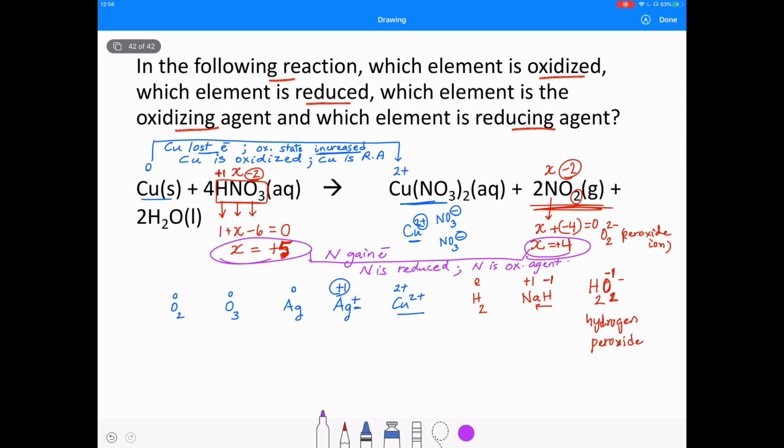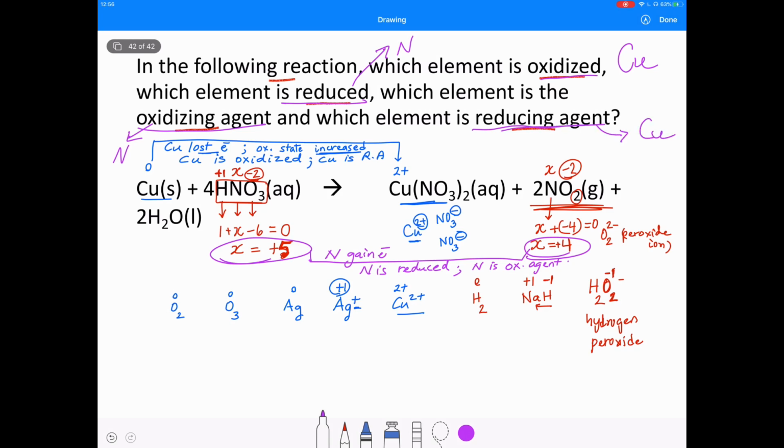Which element is oxidized? The answer is copper. Which element is reduced? The answer is nitrogen. Which element is the oxidizing agent? The one that is reduced, so the answer here is nitrogen. Which element is the reducing agent? The one that is oxidized, so it will be copper.